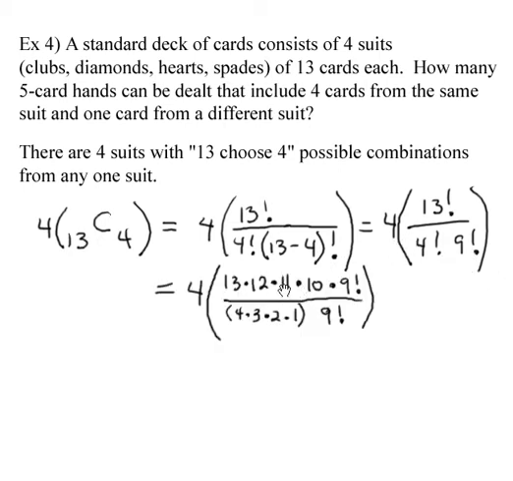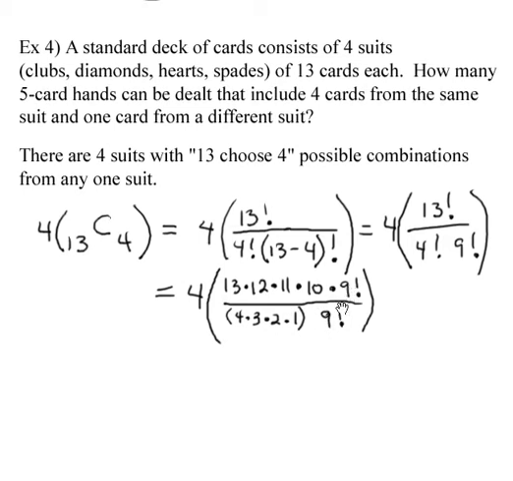Let's continue to simplify in our parentheses in the numerator. 13 factorial is 13 times 12 times 11 times 10. We're going to stop at 9 factorial because we have a 9 factorial in the denominator. The 4 factorial from the denominator is 4 times 3 times 2 times 1. We start reducing.